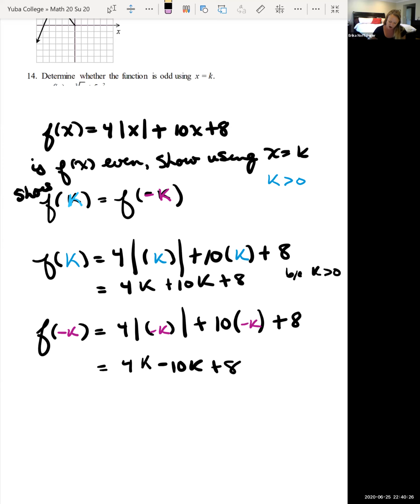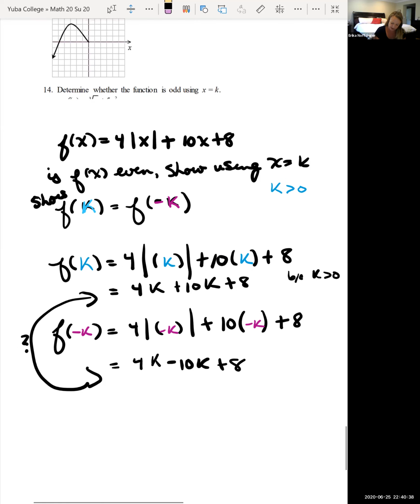Looking at this, are they the exact same thing? They're almost the exact same thing, except one has a plus and one has a minus. So these do not equal each other, and so it's not an even function.